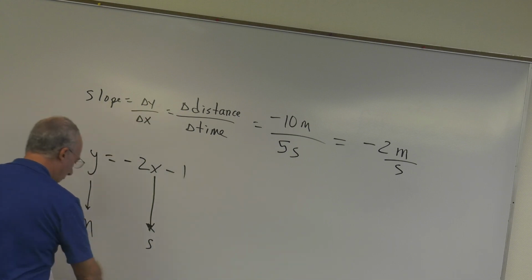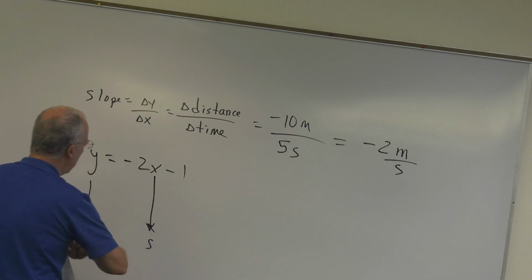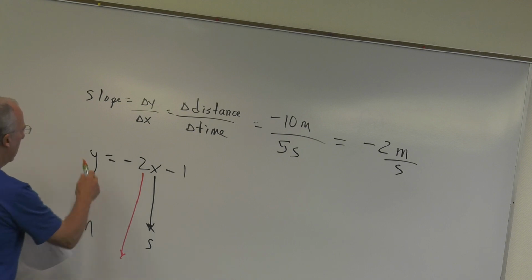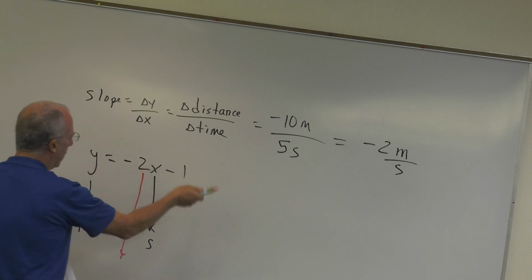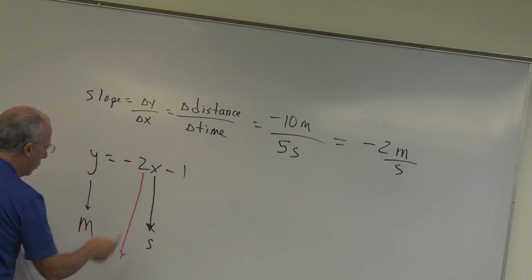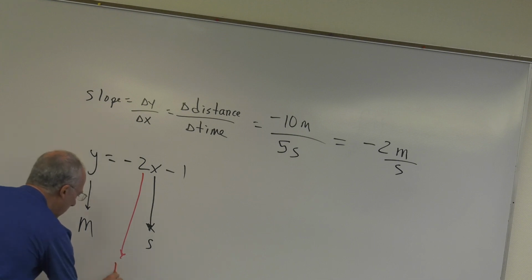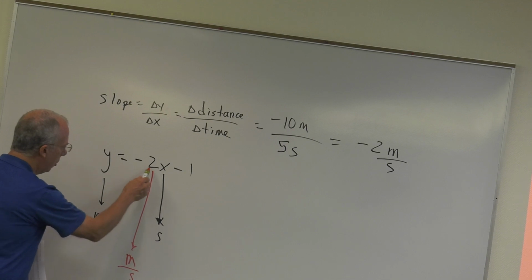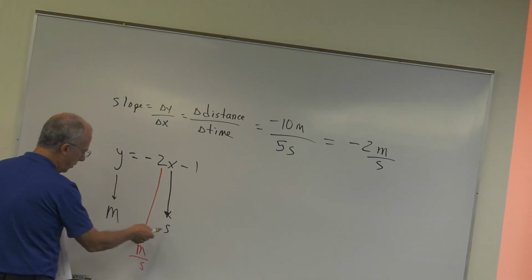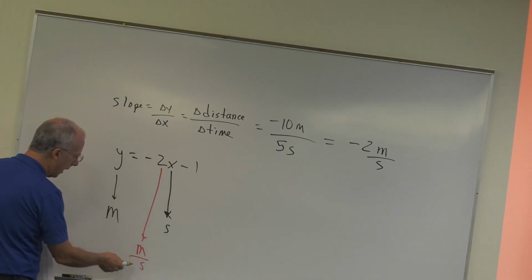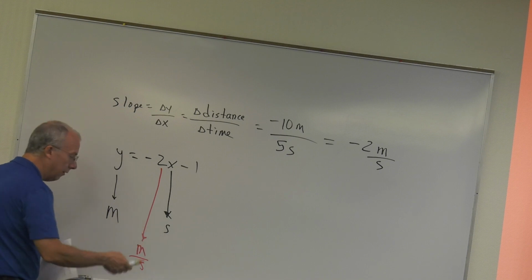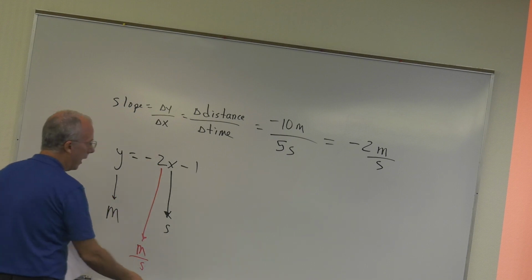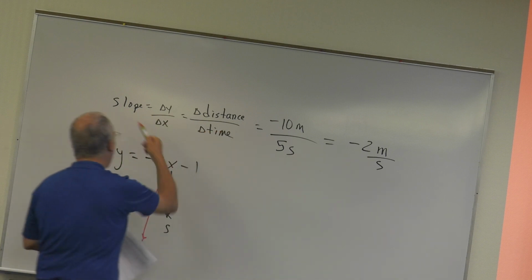Just from looking at this, what has to be the units of the negative 2? Well, meters equals meters plus meters. And so the 2 has to be meters per second because it is multiplied by the x, which is in seconds. A meter per second multiplied by the second gives you meters. So the units of negative 2 are meters per second. That's the slope.